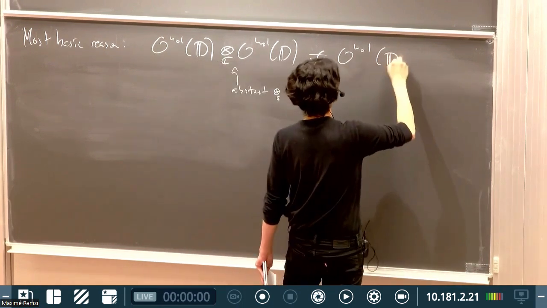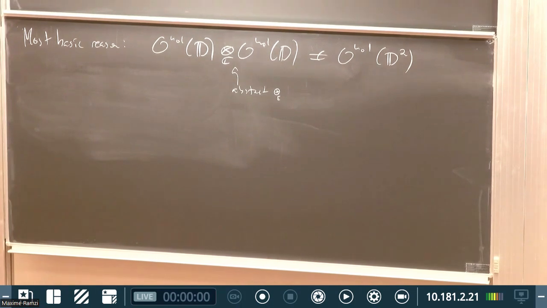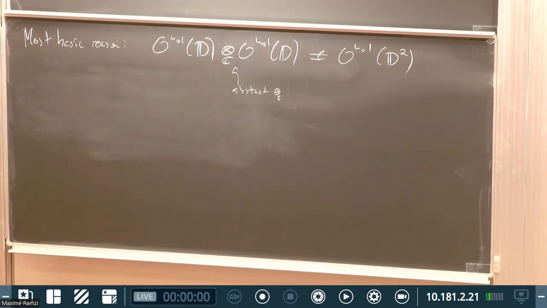It's not the same thing as holomorphic functions on the two-dimensional polydisk. And in fact, it's something that is essentially impossible to understand as a reasonable algebra. They have the same homomorphisms to C, that's correct. Yep. That's interesting.